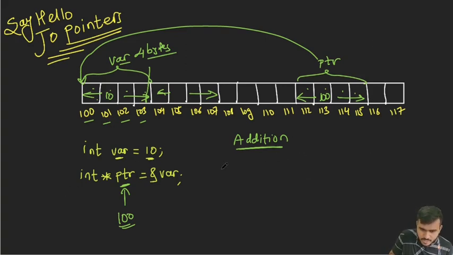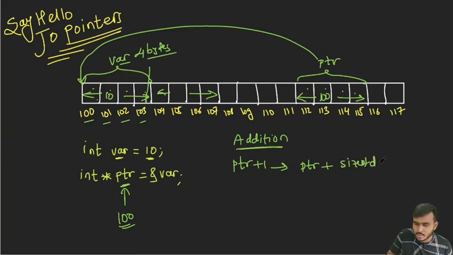Whenever we are writing ptr plus 1, the output is going to be the initial value of ptr plus the size of the data type to which ptr is pointing, into 1, when we are doing ptr plus 1.